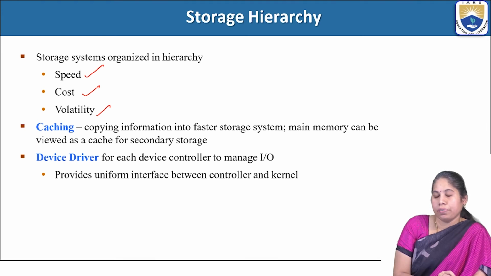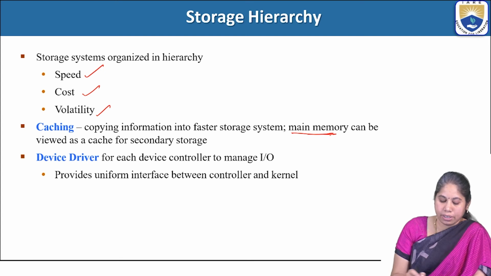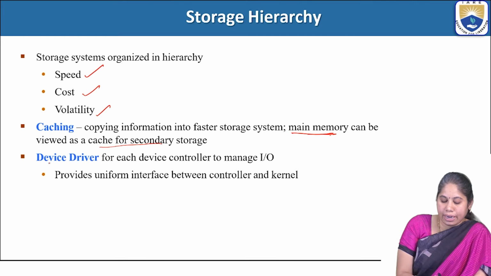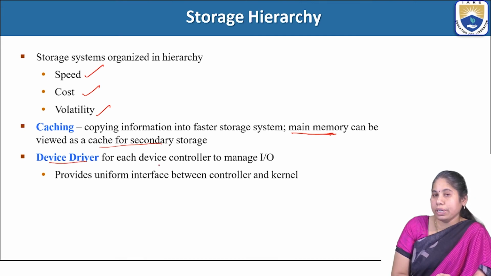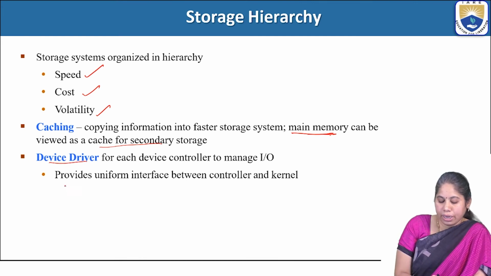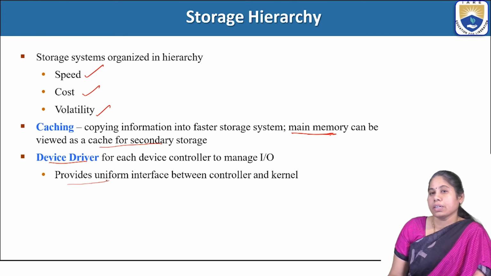Suppose you want to frequently visit sites, so that browsing information will be stored in cache memory, because it is available inside the CPU itself. The main memory is viewed as a cache for the secondary storage. And device drivers for each device controller manage I/O and provide a uniform interface between controller and kernel.